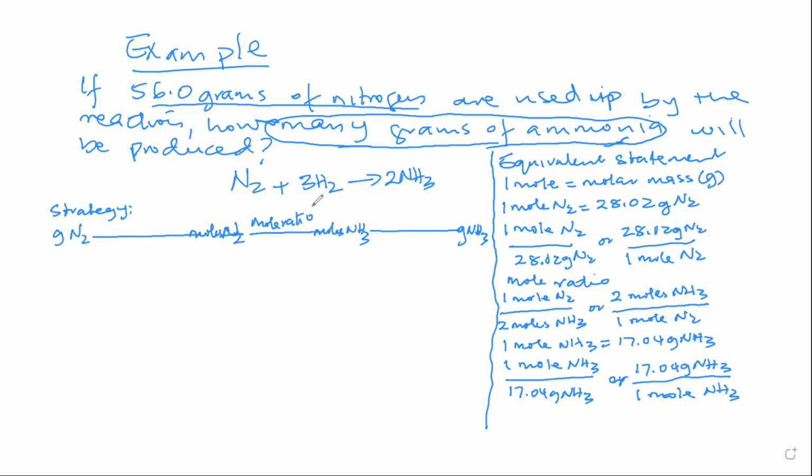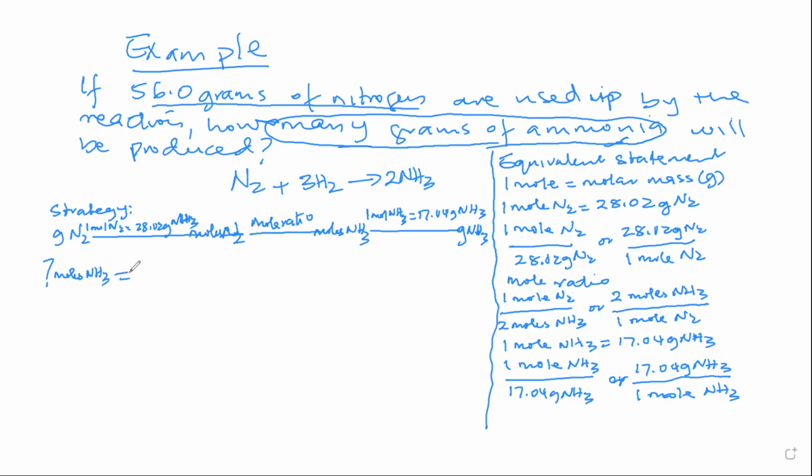So 1 mole of nitrogen is equal to 28.02 grams of nitrogen. Then 1 mole of ammonia is equal to 17.04 grams of ammonia. Now we are solving for grams of ammonia.